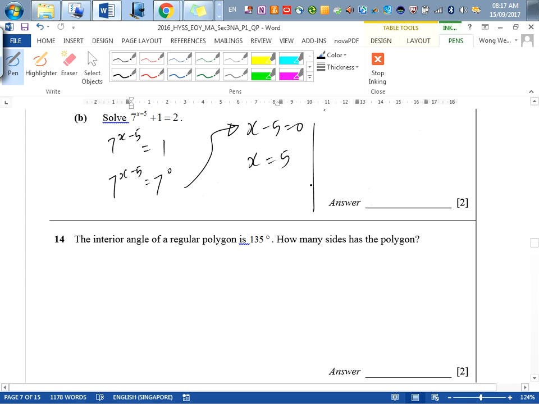7 plus 1. 7 plus 1 equals to 8. Wait, 7 plus 1 equals to 8, and then? Like that, is it? Equals to? Why?